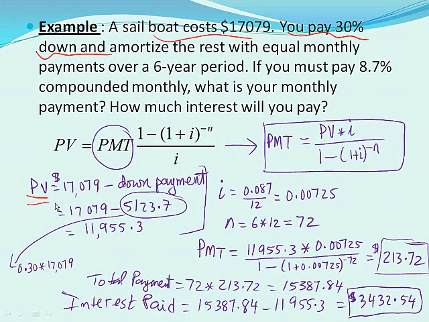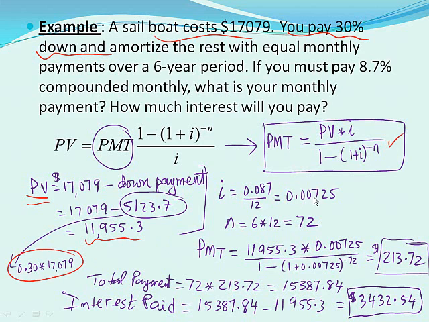Present value is equal to 17,079 minus 30% of the cost. So we get 11,955.3. To get the down payment, you multiply the cost by 0.30, which is 30% of that. Now we can use the amortization formula in order to calculate the payment.